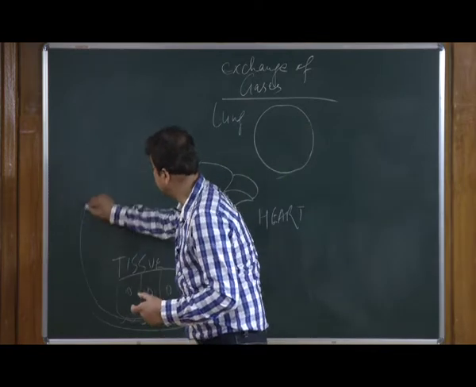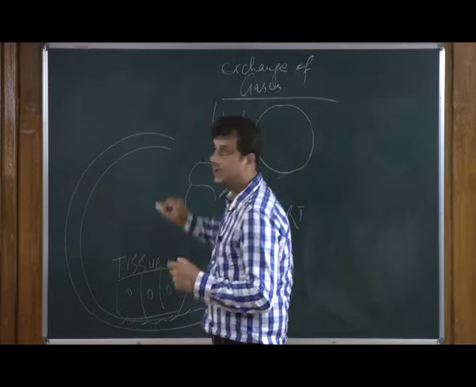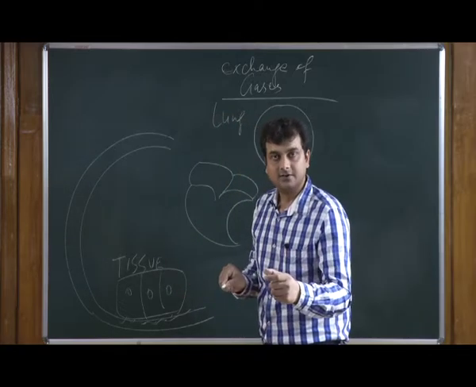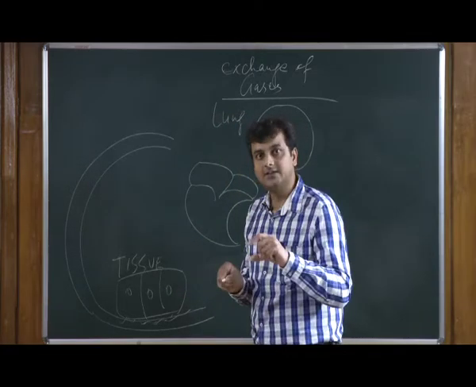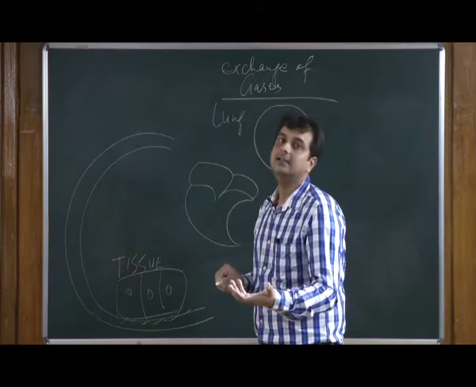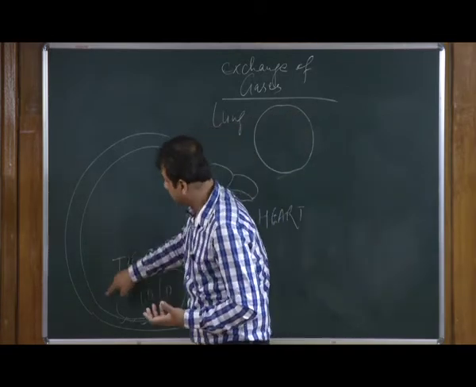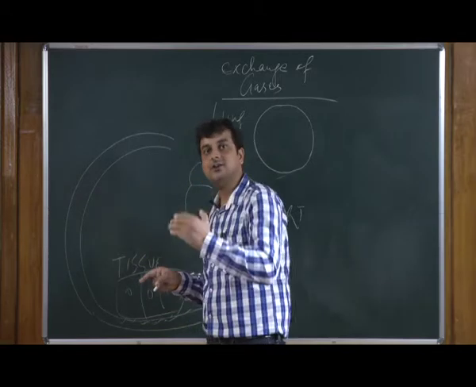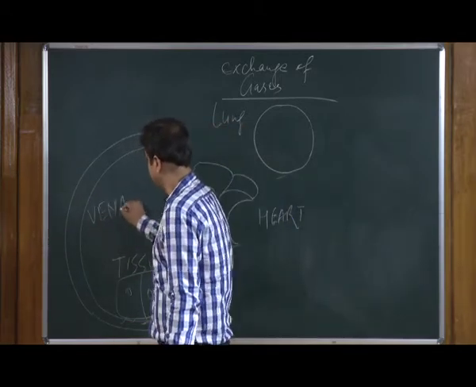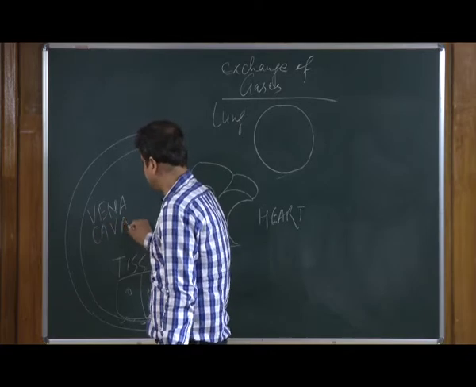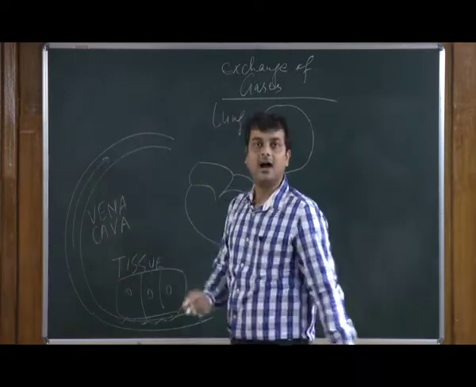So this blood is coming from the tissue level. Now this is very high in carbon dioxide concentration. We can say this is deoxygenated blood. So deoxygenated blood has less oxygen and more carbon dioxide, and the vein which carries this deoxygenated blood is called the vena cava. Vena cava is the vein which is carrying the deoxygenated blood towards the heart.